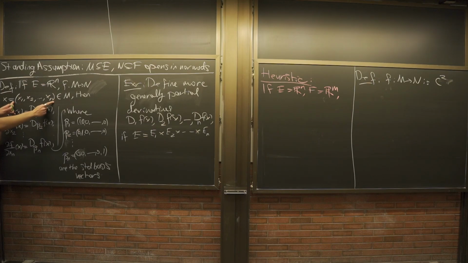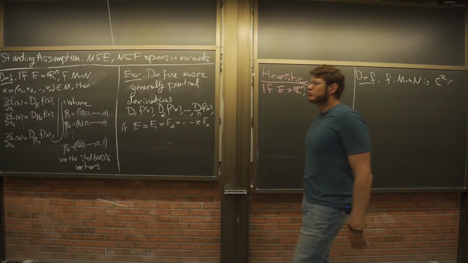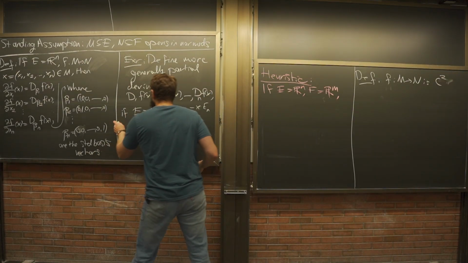So this is not the same thing as a row matrix. This is a column matrix. Because we would like to imagine that matrix multiplication, or applying a linear transformation to a vector, corresponds to left multiplication. We could have done it the other way around. We chose it because that's sort of how we learned it, at least in 2270, for instance. But that's something you should always keep in mind.